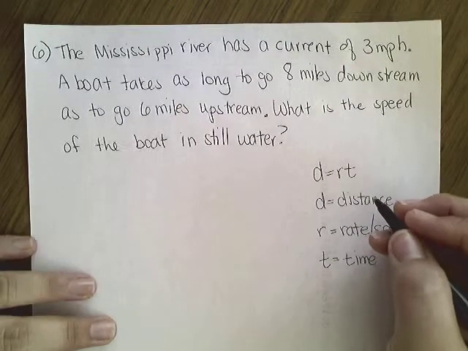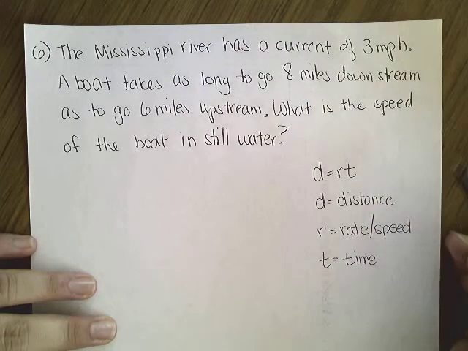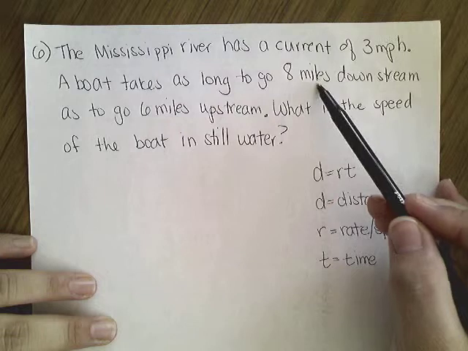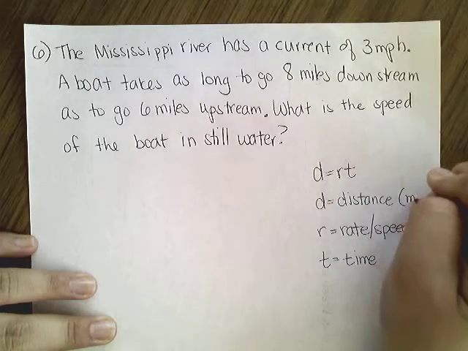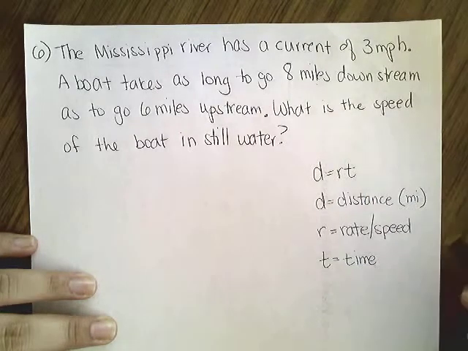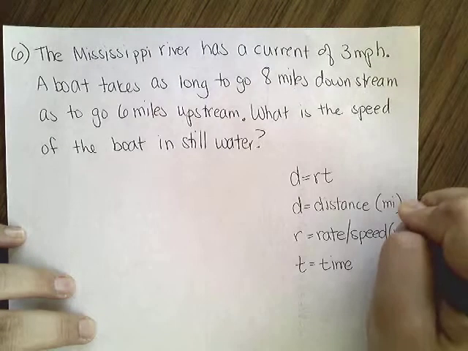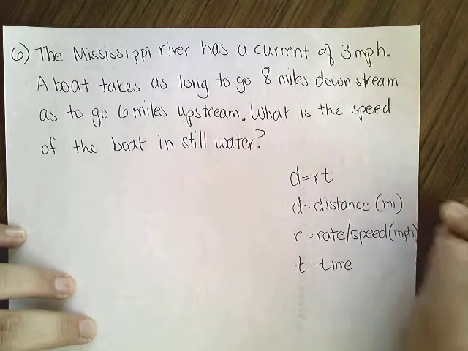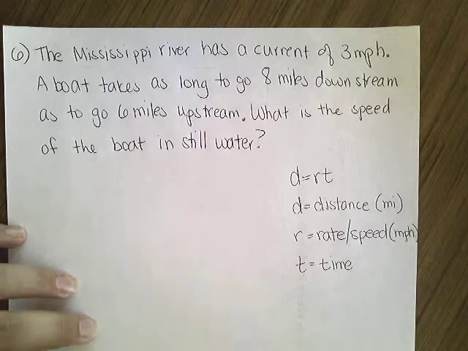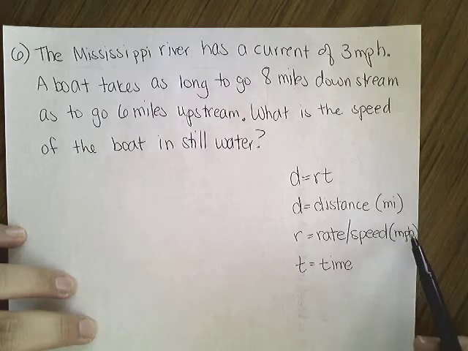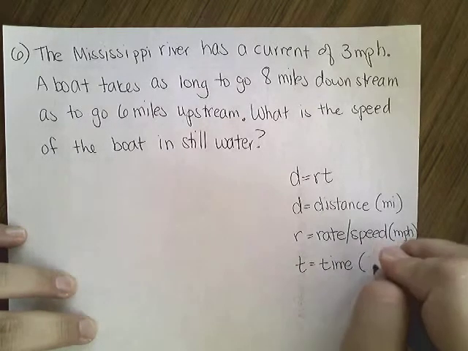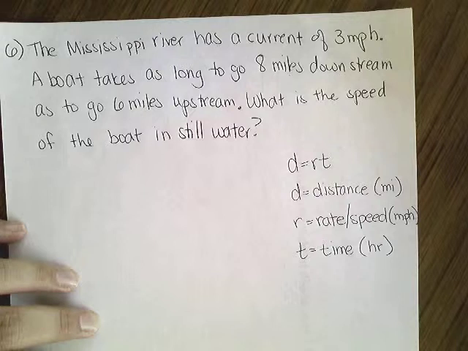Distance depends on the problem. In this case, it talks about miles, so our distance is in miles. Our rate or speed when we're using miles is normally miles per hour, and if our speed is in miles per hour, then our time has to be in hours.